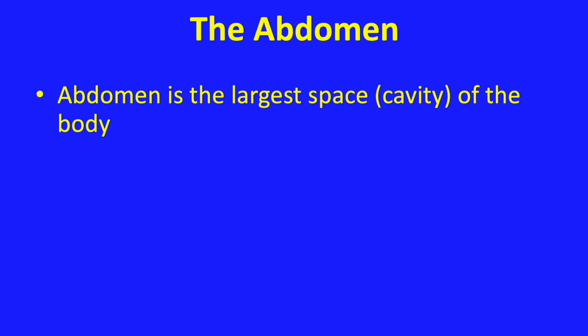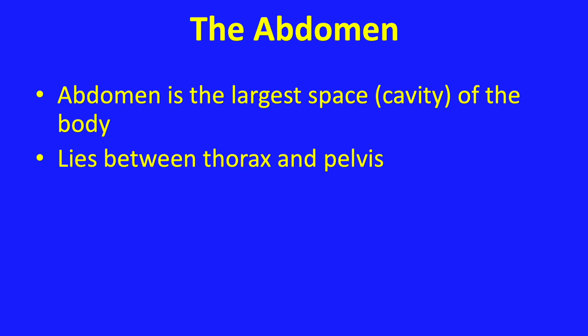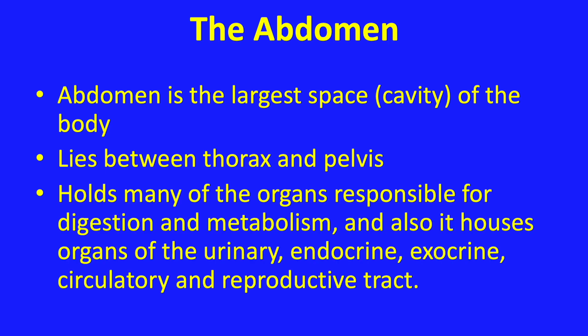Let's mention at the start that the abdomen is the largest space, cavity, of the body, and yes, if left unchecked, it will continue to grow. The abdominal cavity lies between the thorax and the pelvis, and the abdominal cavity holds many of the organs responsible for digestion and metabolism, and also houses organs of the urinary, endocrine, exocrine, circulatory, and reproductive tract.